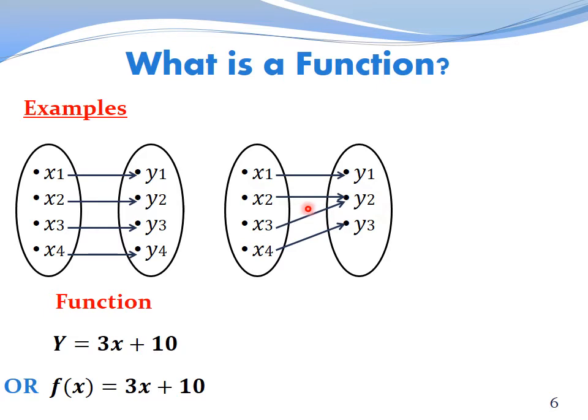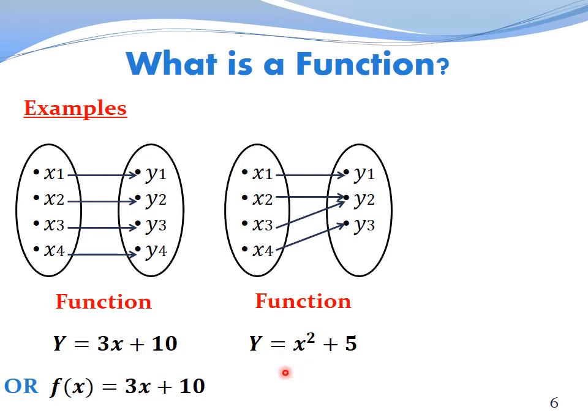There is no problem with different input values corresponding to the same output value, because the definition again is that each element here goes to only one element here, but it doesn't have to be different. As long as x3 goes to one element, and x2 goes to one element, and x1 goes to one element, and x4 goes to one element, it's okay, even if these two values correspond to the same output value. So yes, this is a function.